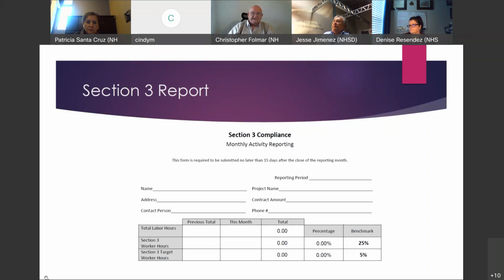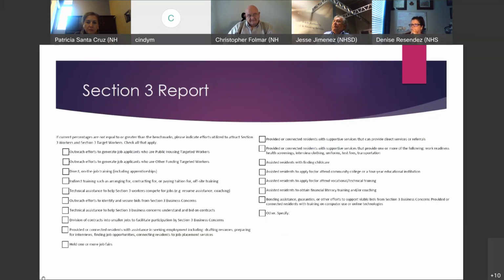So in the next slide, this is the bottom half of that same form, and this is what we'll use if we don't meet the 25%. There are several different reasons and several different things that you're saying that you tried, and you can pick one or as many of these as you need, like outreach efforts and job fairs, technical assistance, connecting residents with job training opportunities, things like that.